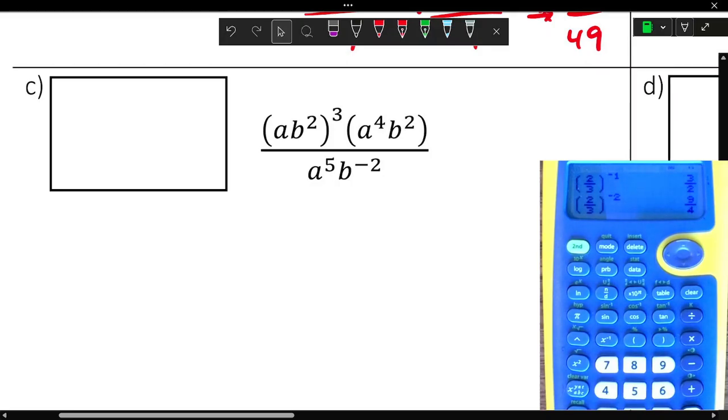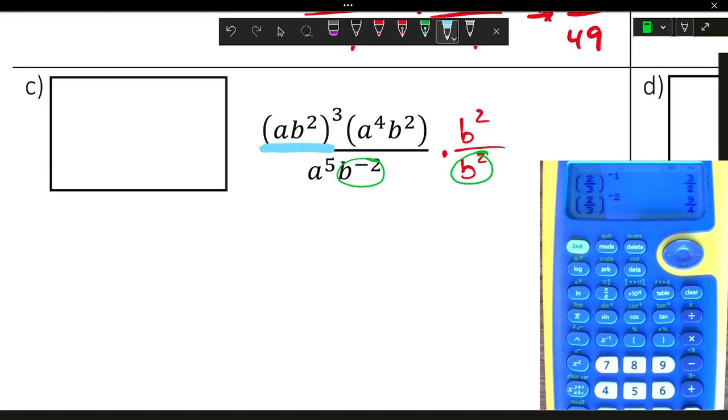Well, right off the bat, I can take care of this b to the negative 2nd by multiplying by the number 1 in the form b squared over b squared, because now those two are just equal to 1. So I'm not even thinking about those. This part right here is being cubed, so that's ab squared times ab squared times ab squared.